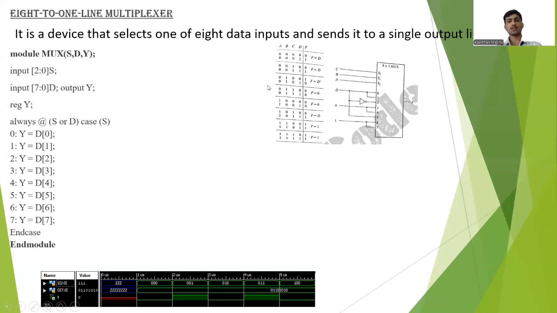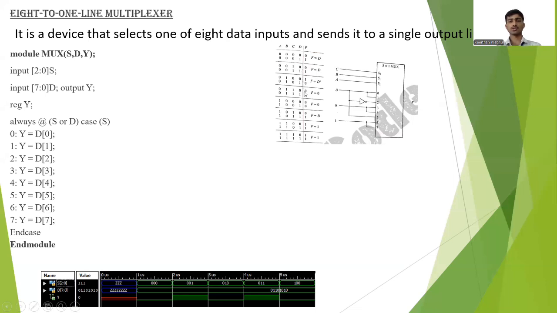Here we can see 0 to 0 and 1 to 1, so we have taken it directly as D. Here 1 to 0 and again 1 to 1, so F equals D. Here 0 to 1 and again 1 to 0, so F equals D dash.